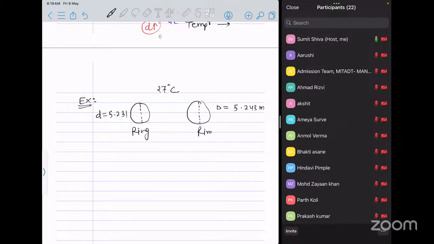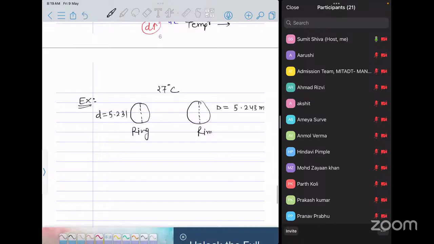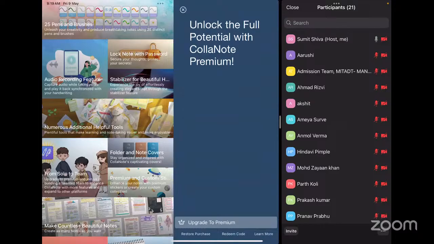Definitely I cannot give it any amount of heat energy, right? It may melt also. So I have to be careful about the temperature at which it should be heated so that it can fit on the rim. So for that, what will we do? We will try to find out change in dimension, that is delta L.